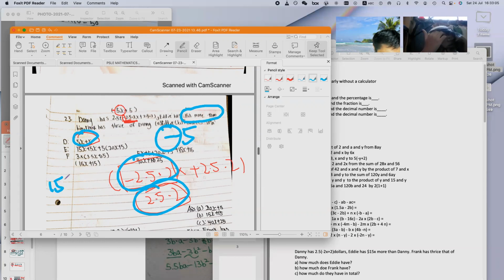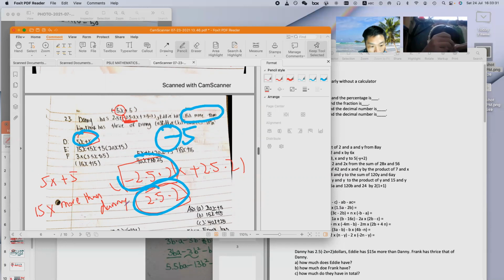So I have 15x more than. So Danny, I assume 5x plus 5 first. So now it's 15x more than Danny.